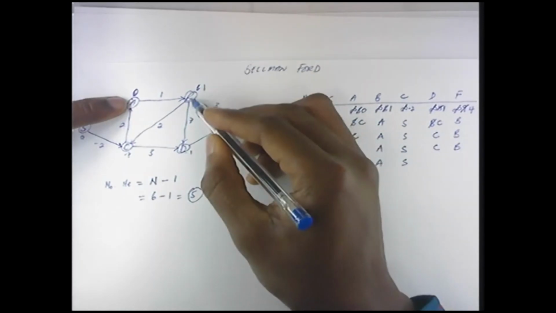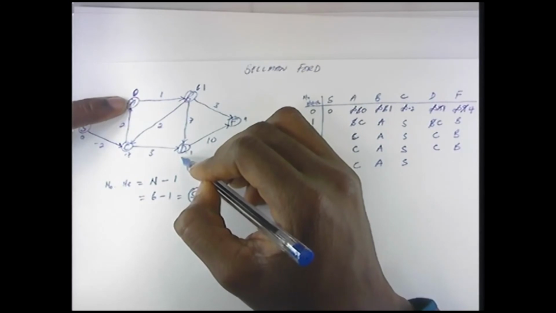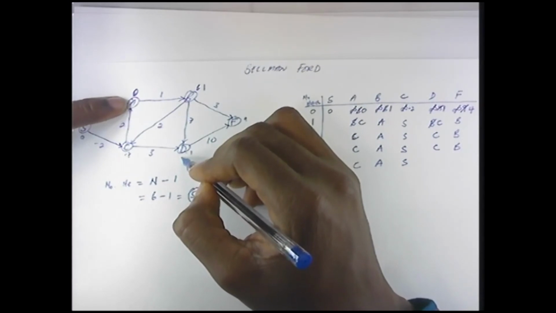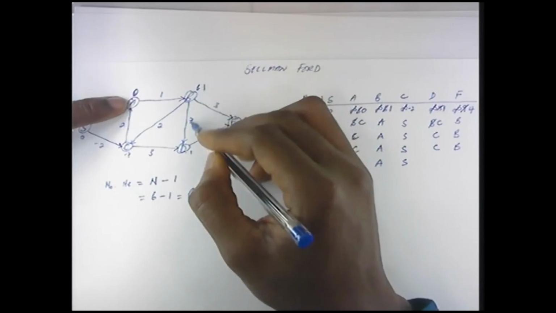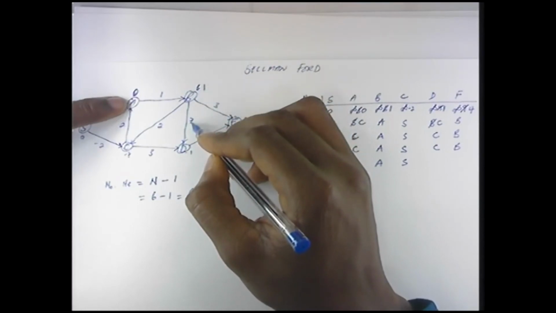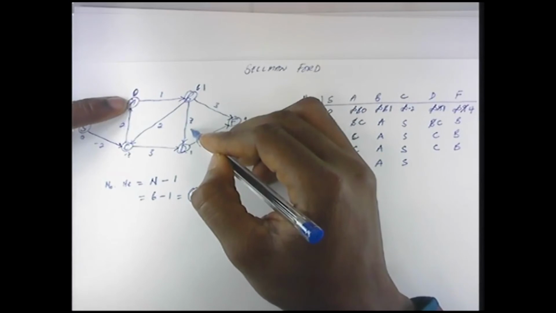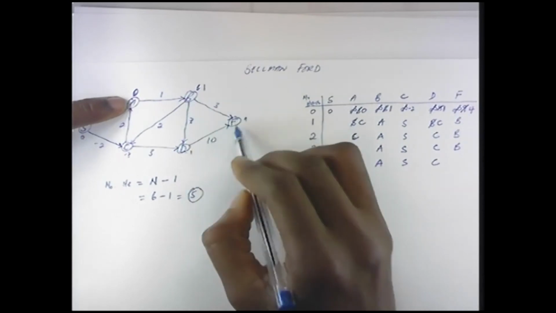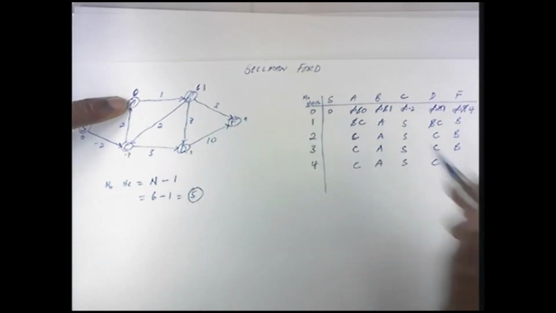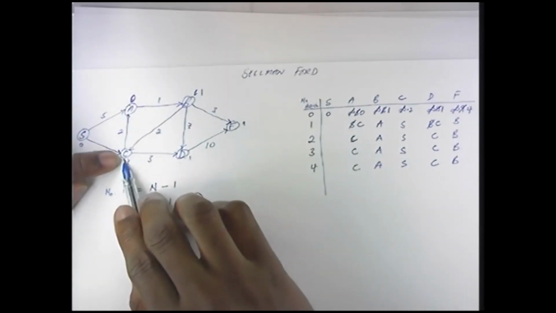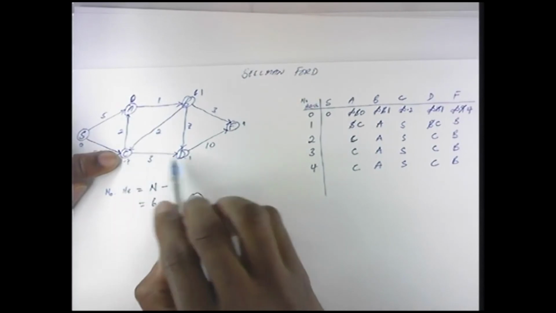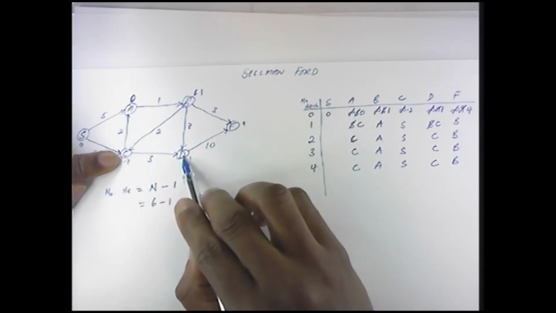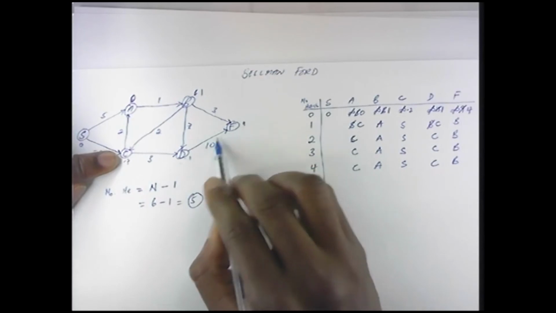Then B to D, that will be 1 plus 7, which is also the same, we maintain. Then the F also doesn't change, so we maintain. We move to C, the same thing, the values don't change. D, the values don't change.